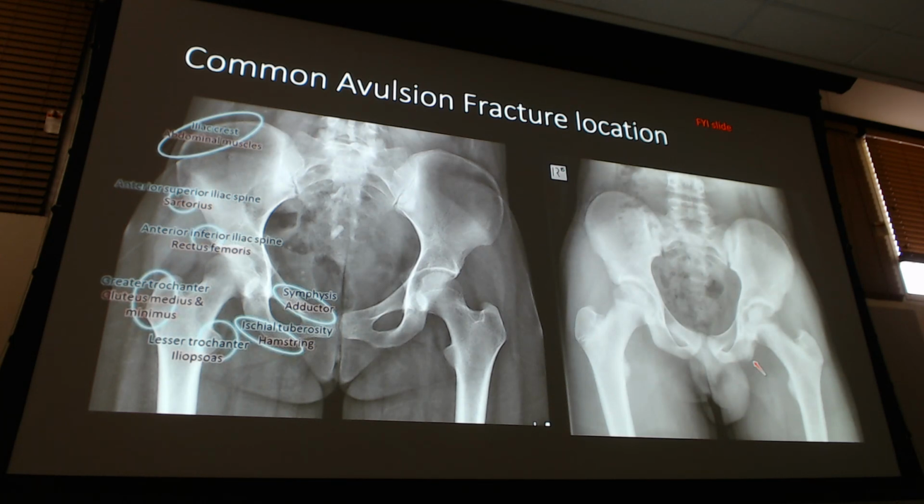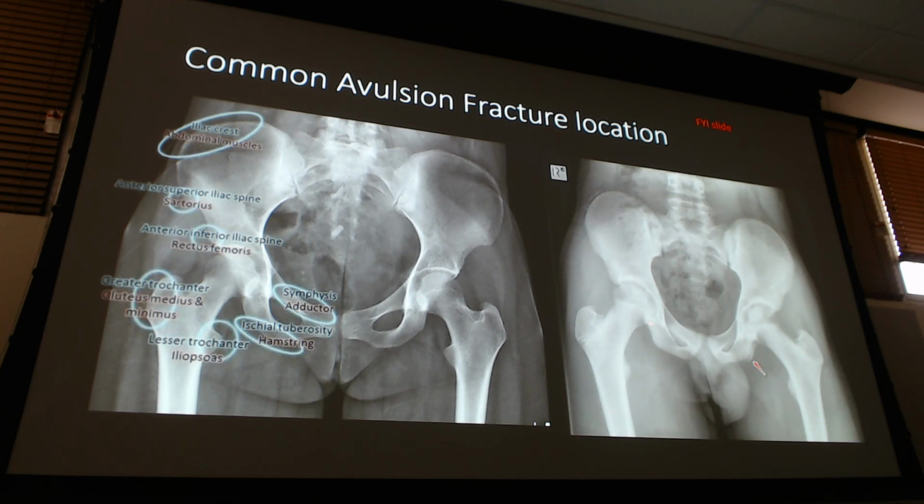This is just an FYI slide because sometimes what you can see, especially in our older patients, is an avulsion fracture right here along the ischial tuberosity in non-trauma settings. See the red arrow? Compare it to the other side.